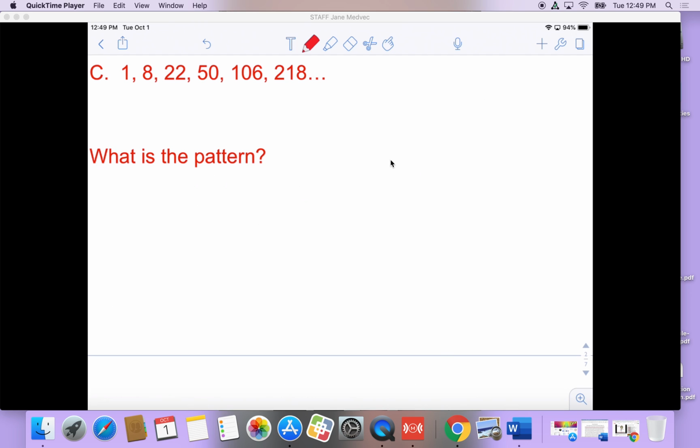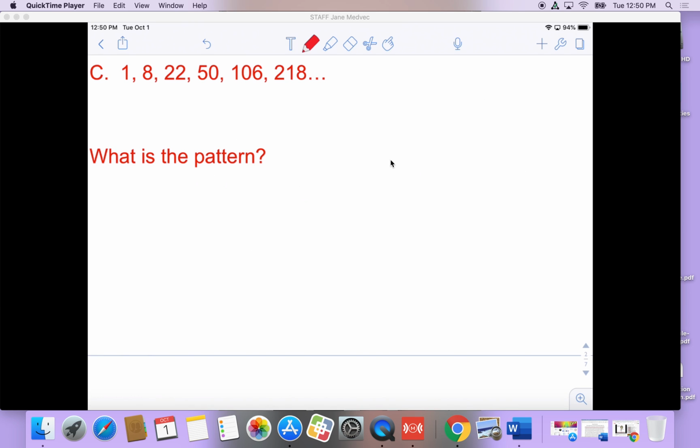Notice that my numbers are getting bigger, so I'm probably going to do some either addition or some multiplication of some sort to be able to get that next number. Anyone figure it out?